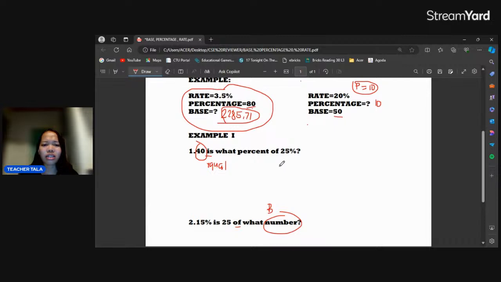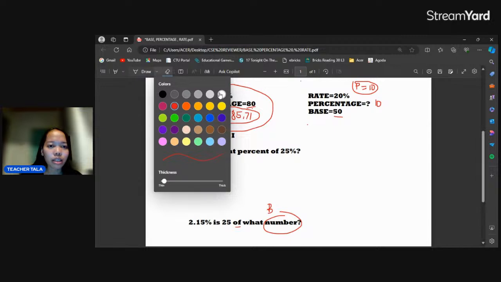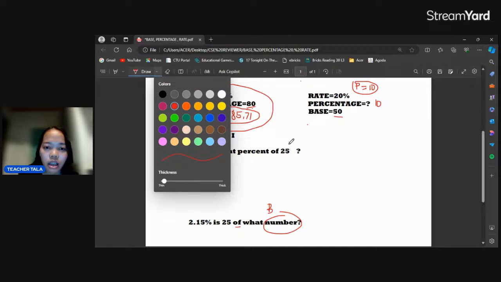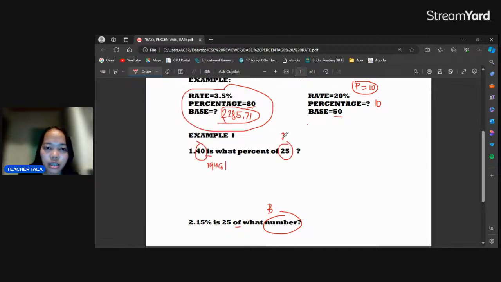The earlier version was a wrong question. Kapag kasunod siya ng of, that means this is a base. Yung hinahanap, what percent? That's the rate. So, mali yung question.